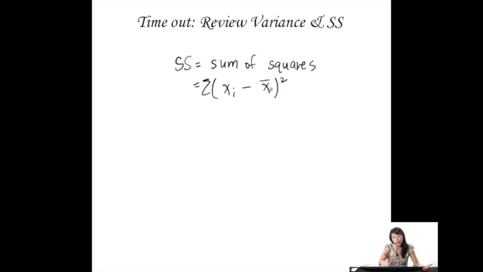Now, what we're doing is swapping out this idea of the mean for things like grand mean, sample mean. And we're also swapping out what our data points are. Is it from n total, from all the data points? Is it just the n from the sample?